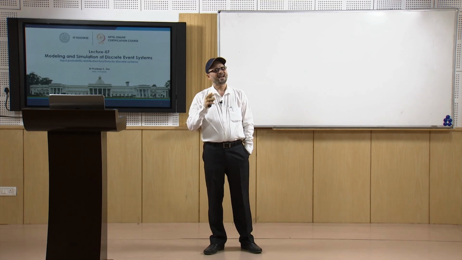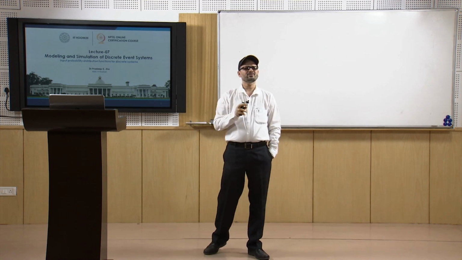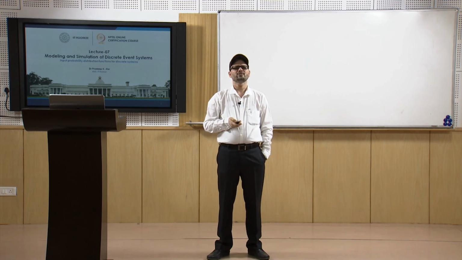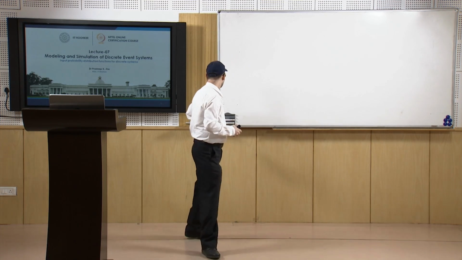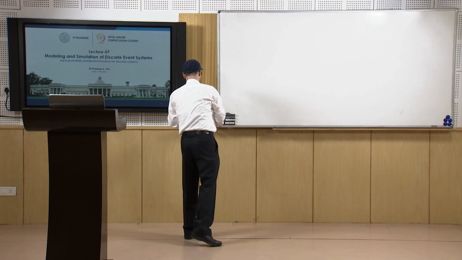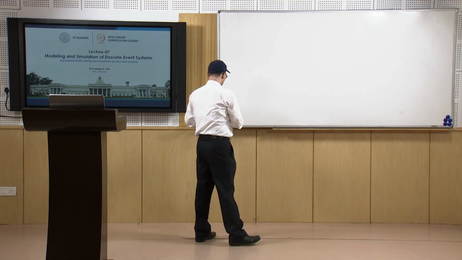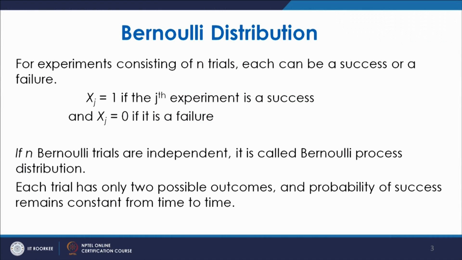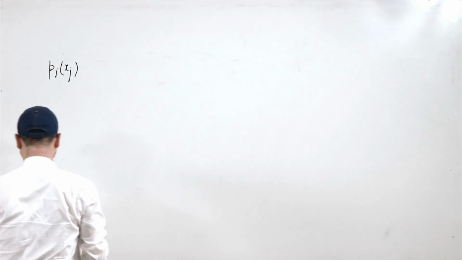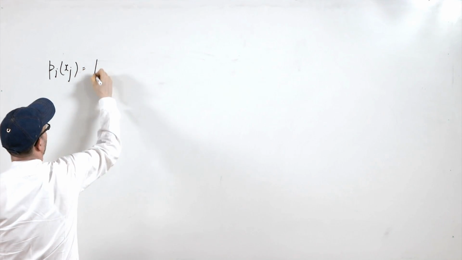Each trial has only two possible outcomes, and the probability of success remains constant from trial to trial. So, in the Bernoulli distribution, p_j(x_j) is nothing but p(x_j).